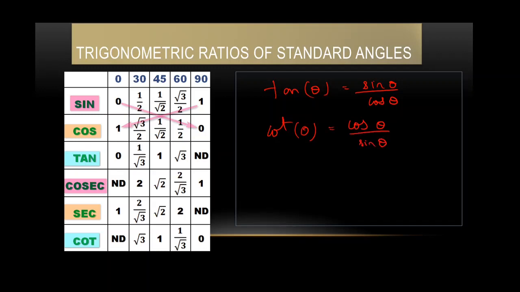As you can see, all the ratios are here, and the tan of 90 is not defined. ND means not defined, because the sine of 90 is 1 and cos of 90 is 0. So tan of 90 is 1 by 0, and 0 is in the denominator, so it is not defined.